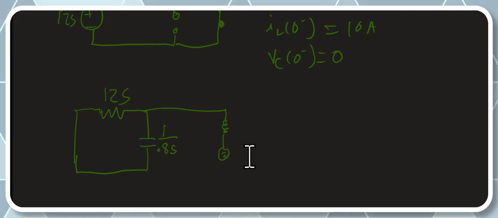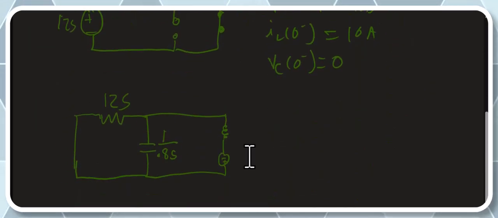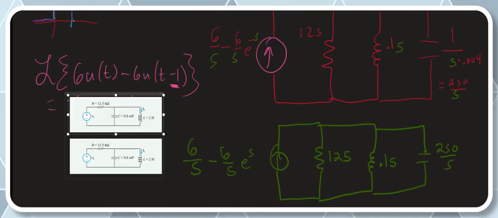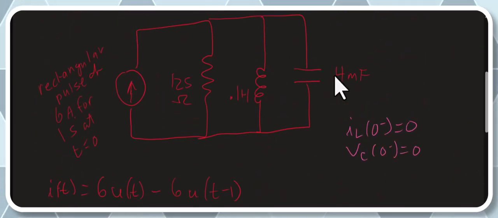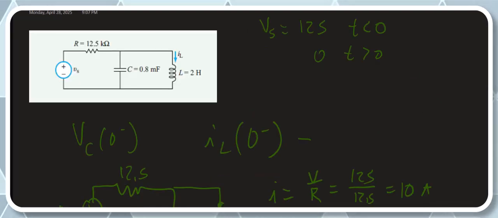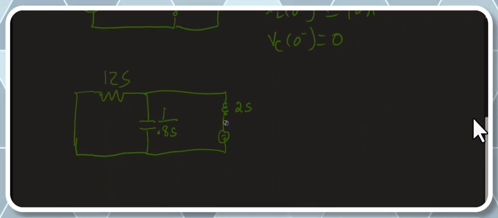but our inductor did have a current before. And so our inductor is LS, and L was 2 henries, so that's 2S. And our voltage source that's going to go with that is going to be L times IL of 0 minus, and so that's 2, and IL of 0 minus was 10, so that's 20.